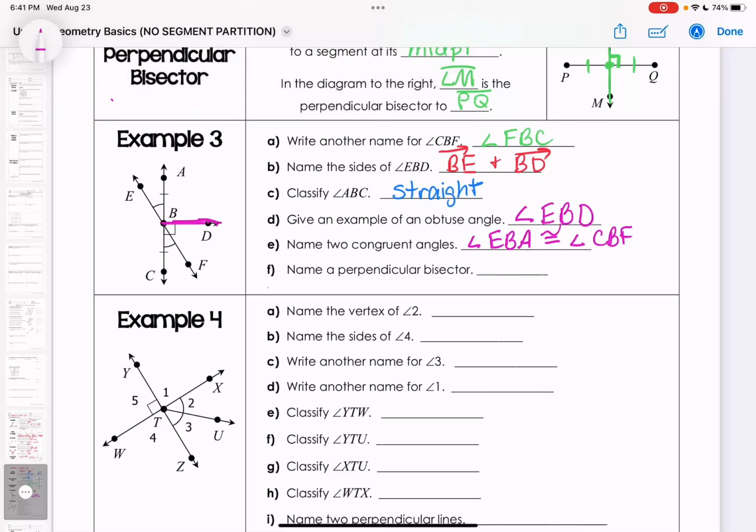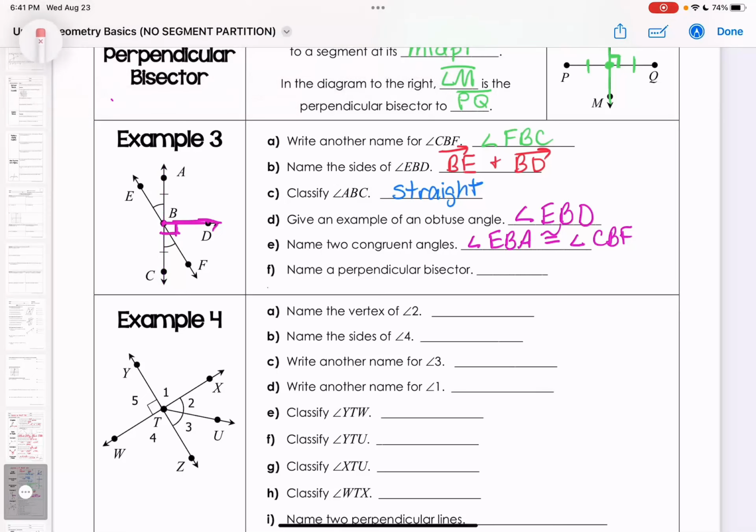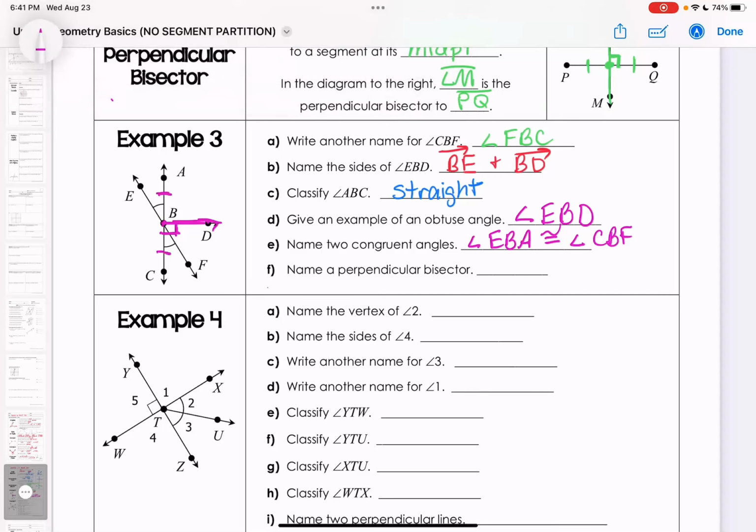So if we see here, this is angle B, and we have a right angle here. And then if you'll notice, we also have these marks to indicate that BA and BC are congruent. So the perpendicular bisector is here, and we name it from the vertex going out. So it's going to be BD.